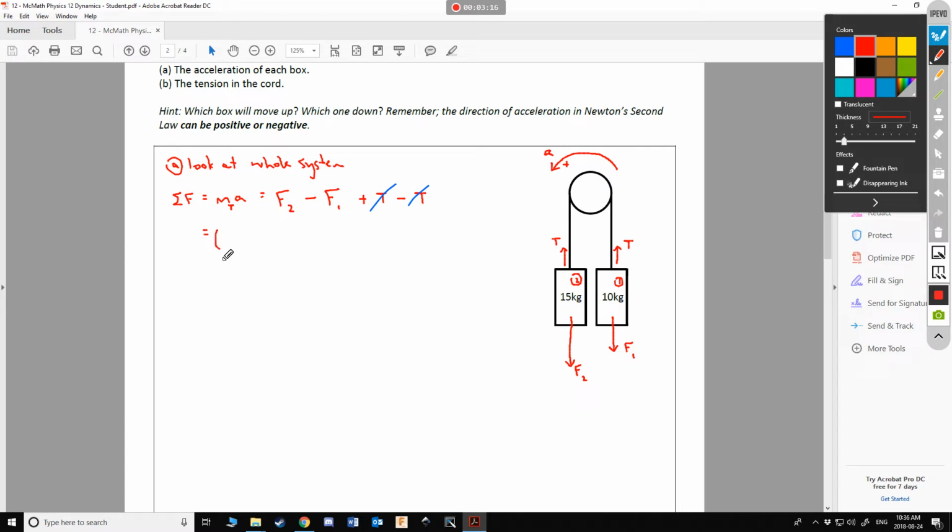So our total mass is 15.0 kilograms plus 10.0 kilograms, times acceleration. And the force F2 is going to be 15 kilograms multiplied by 9.81 meters per second squared, minus the 10.0 kilograms multiplied by 9.81 meters per second squared.